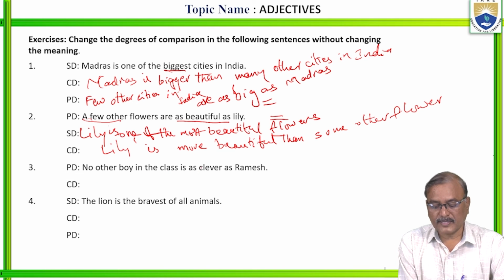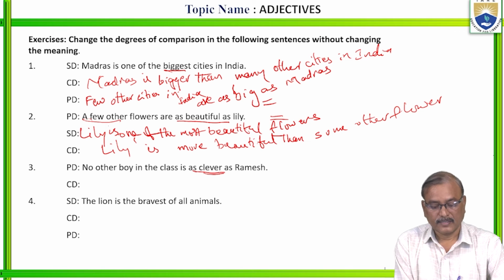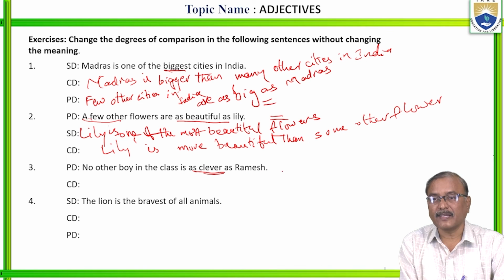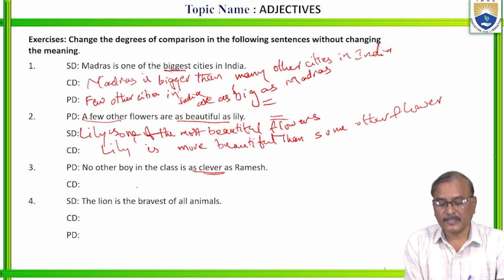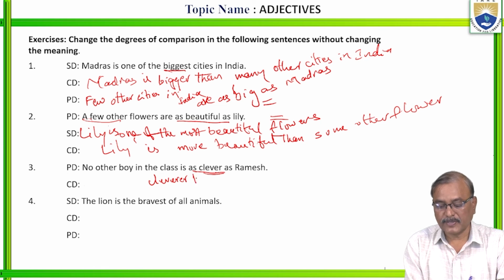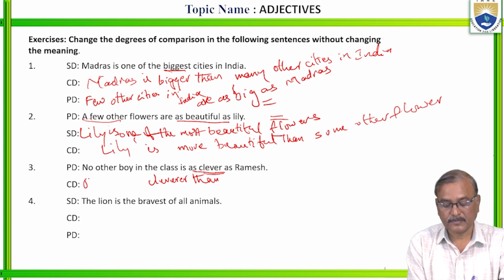So, no other boy in the class is as clever as Ramesh. Okay. Then change it into comparative only. So, no other boy in the class is as clever as Ramesh. In the comparative degree, what you have to do? Cleverer than. Just write the comparative form cleverer. It must be followed by than. Okay. Who is cleverer? Ramesh.